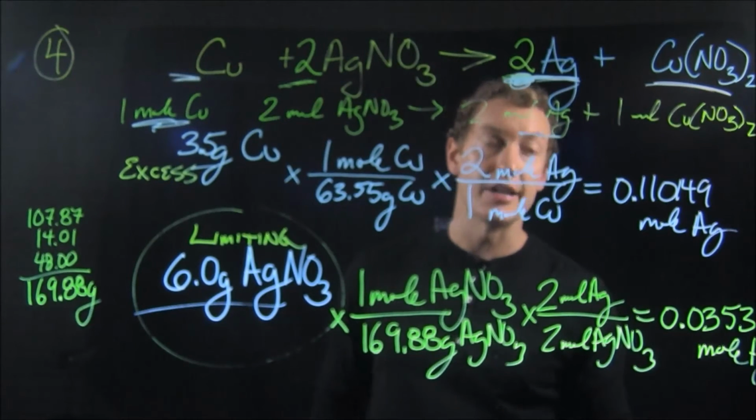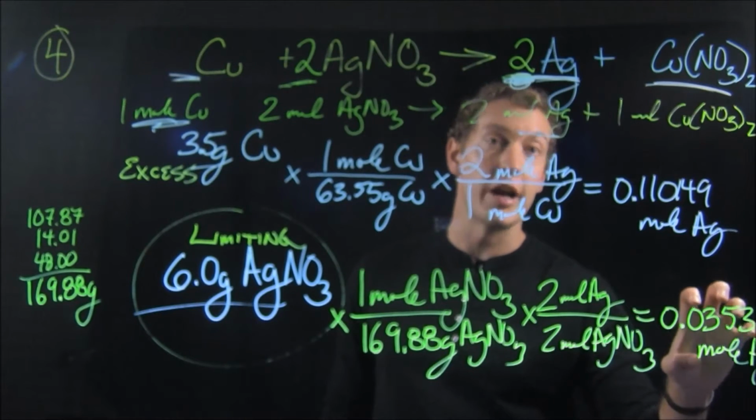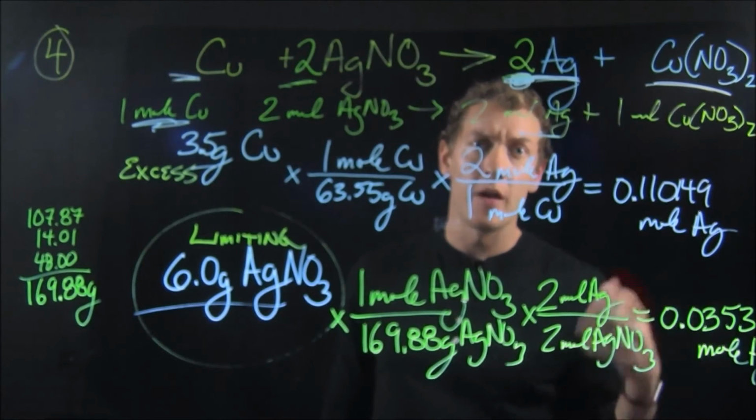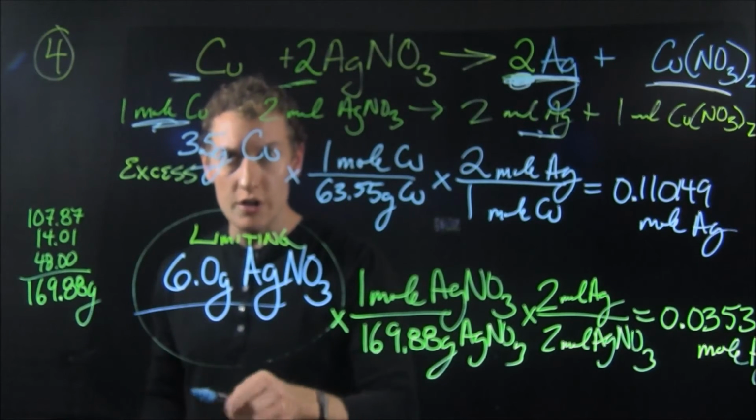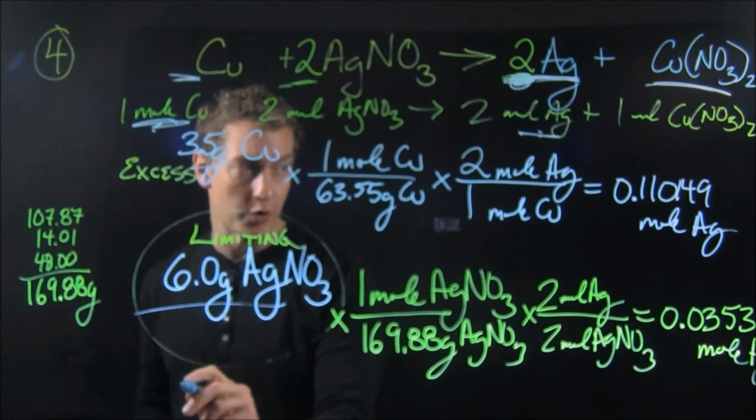Part B asks, how many grams of silver is that going to be? Well, that's a pretty simple conversion if you know moles. So I think there's just enough space down here that we can work that out.